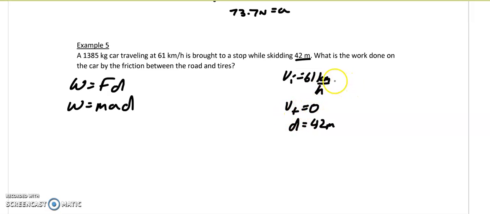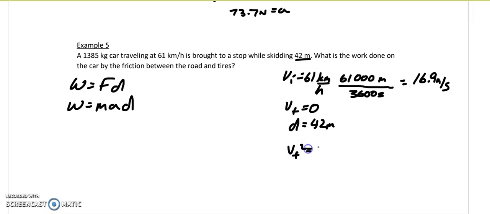We need to convert this to meters per second, which means it's the same as 61,000 meters divided by 3,600 seconds in an hour. And that means it is traveling at 16.9 meters per second. Okay, we're still looking for that acceleration, so Vf squared is equal to Vi squared plus 2AD.